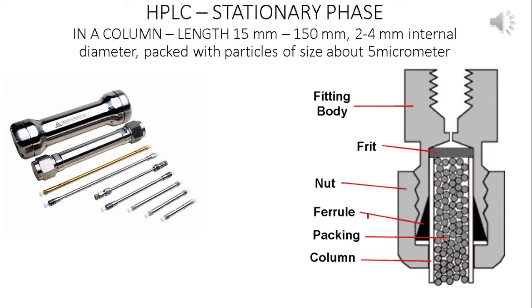And the minimum length is often reported to be around 15 millimeters, which is very small. And internal diameter is 2 to 4 millimeter, depending upon case to case. And the packing materials inside may have a particle size of about 5 micrometer. So the column is very short compared to that of GC.